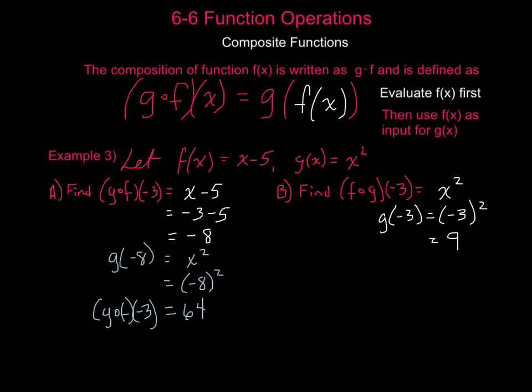So then we're going to take this 9 and plug it into f of x. So f of x, as a refresher, is x minus 5. So we're going to plug 9 in, and 9 minus 5 gives us 4. So this time, for f of g of negative 3, we get 4.